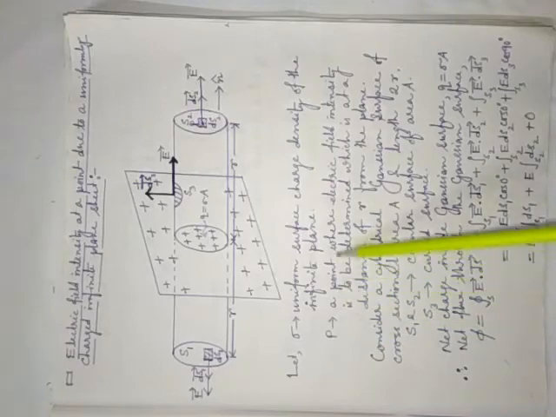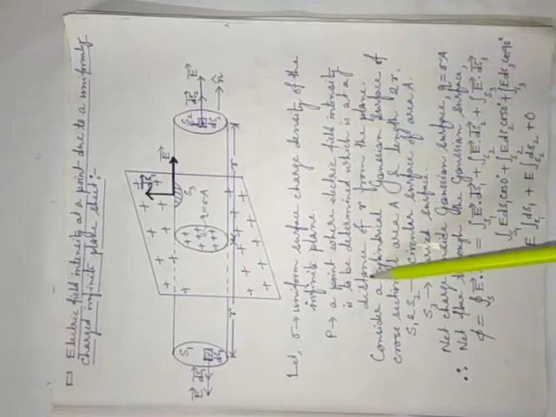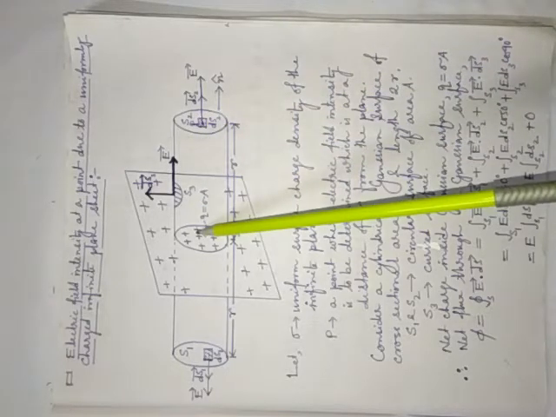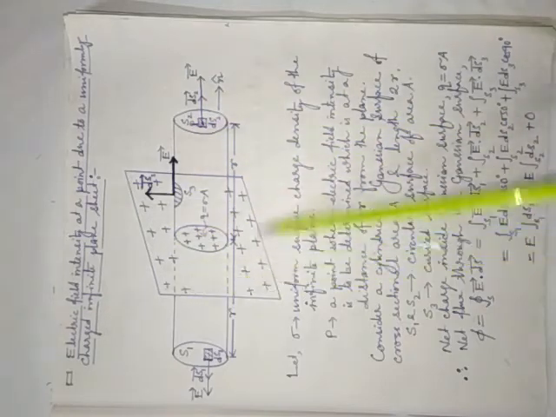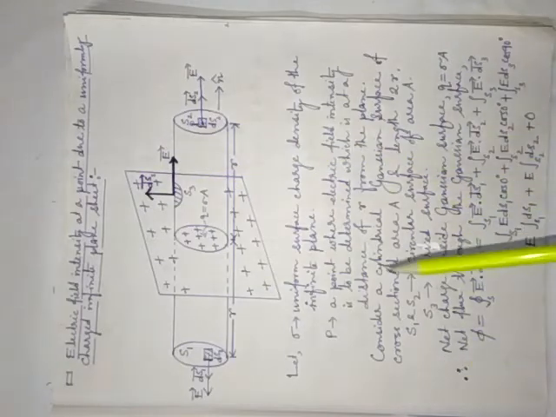And P is the point where the electric field intensity is to be determined, which is at a distance r from the plane. This is the point, suppose, which is at a distance r. Here I have written perpendicular distance r from the positively charged infinite plane sheet.